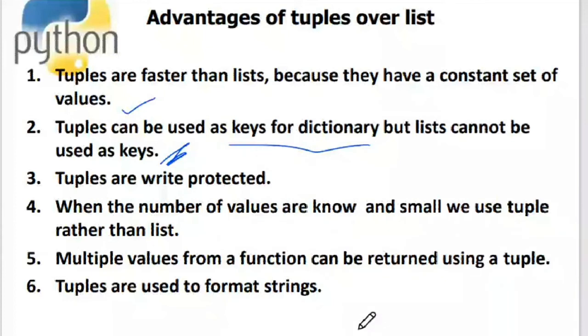I just want to represent XY coordinates as the key, and then I have some associated value. At that particular point, I want to say that something is recorded. So to represent these XY coordinates, I can use tuples.